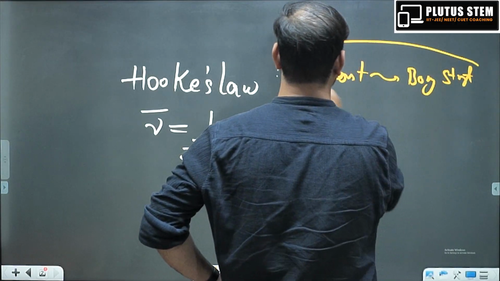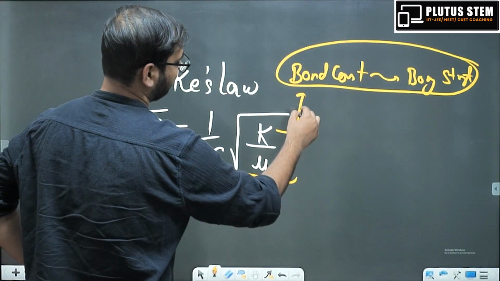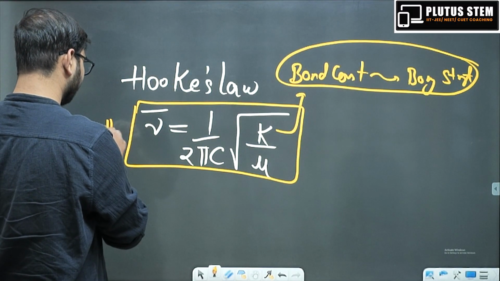That means a stronger bond will have a higher wave number and will appear higher at the very start of the spectrum.